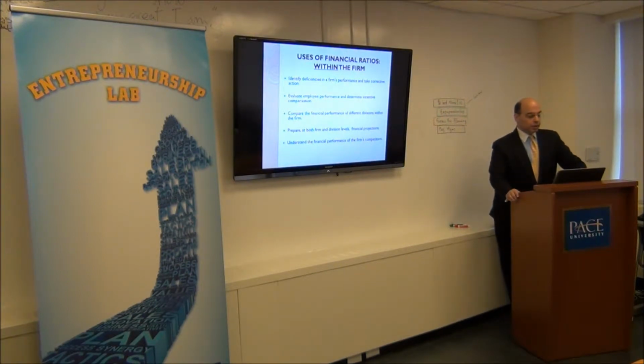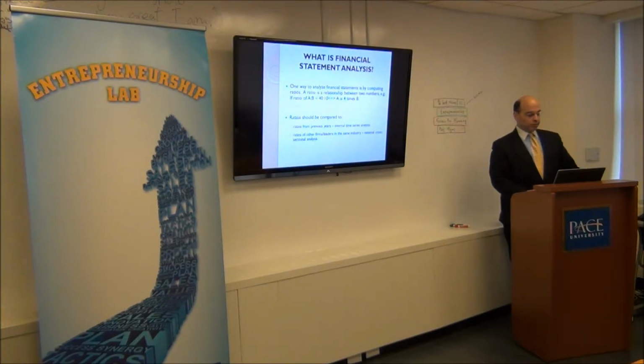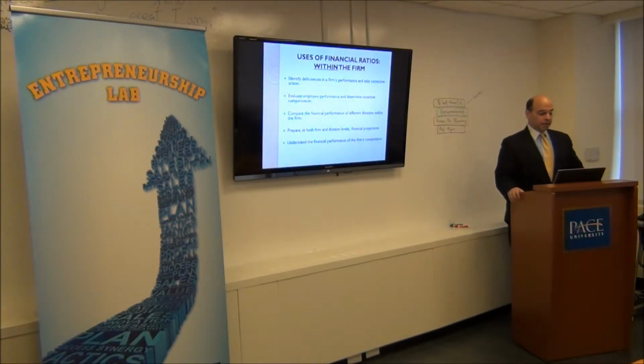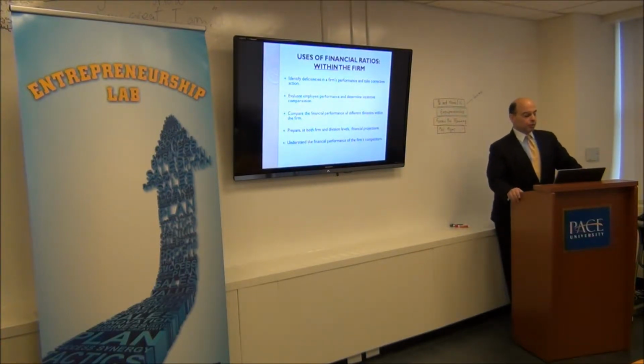Utilizing these financial ratios, you can use them within the firm and outside, and that's very important. Using them within the firm, this is you as a business owner managing your business.